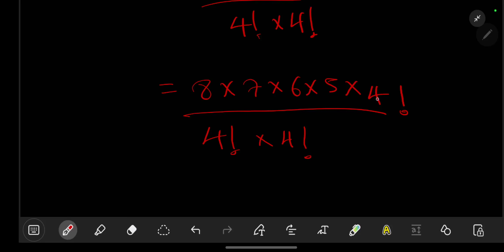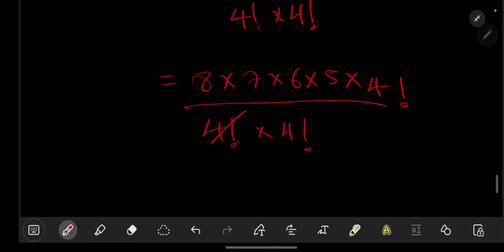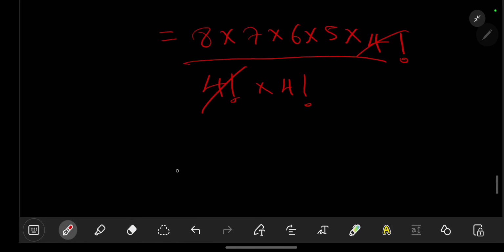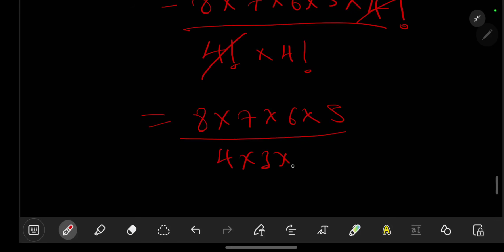Why have we ended on 4 factorial? 4 factorial is the same as 4 times 3 times 2 times 1, which by leaving it like this, we haven't changed anything, so that we can cancel. Then we are remaining with 8 times 7 times 6 times 5 over 4 times 3 times 2 times 1, so that this cancels with that, we are going to get a 2.